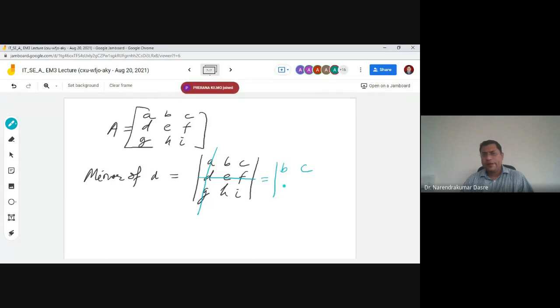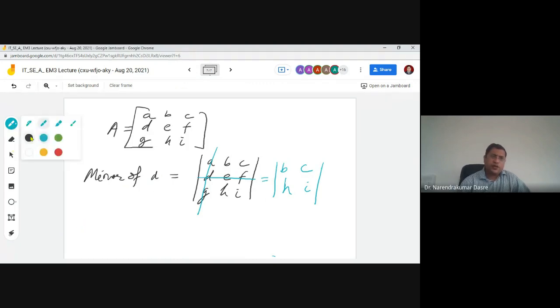It will be B, C and H, I. So from the determinant of A, we eliminate the row and column of this element, and whatever determinant remains is the minor of this element.